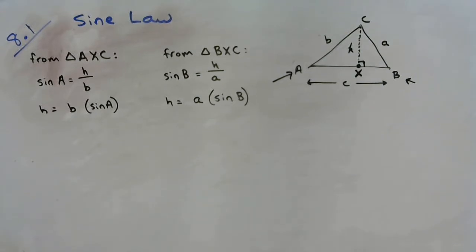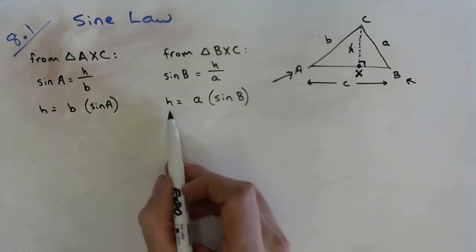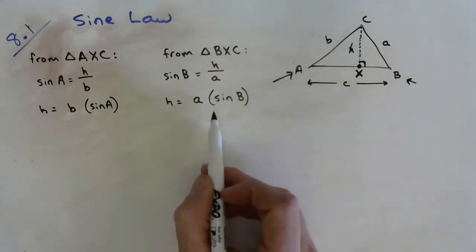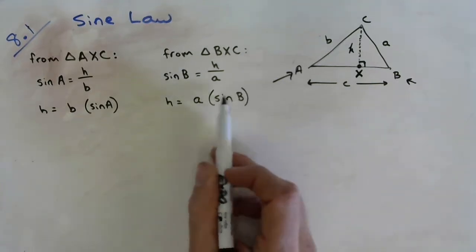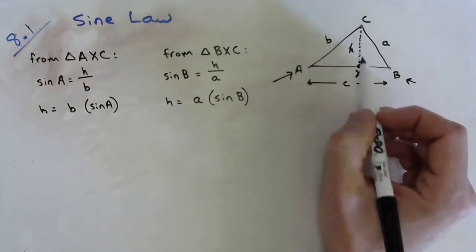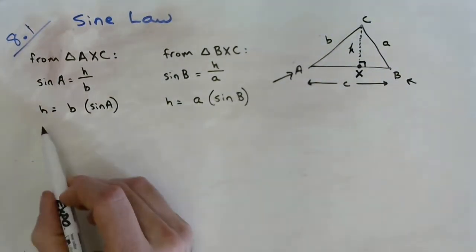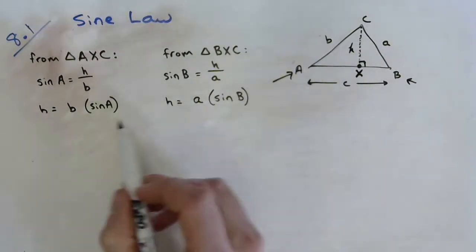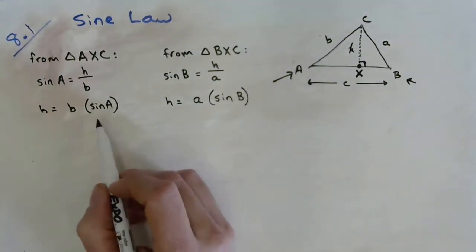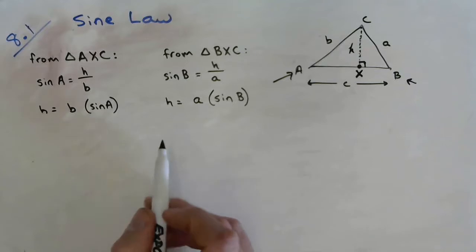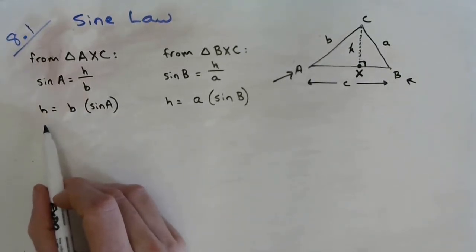All we did was develop two different expressions, two different equations for h. One of them from the triangle on the right-hand side, a times the sine of B, will get us the height of this triangle. And also from the left-hand triangle, we can get the height using b times the sine of A. Well, what do we know about these expressions if they both equal h?